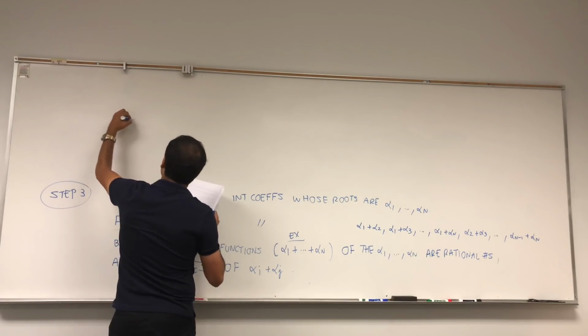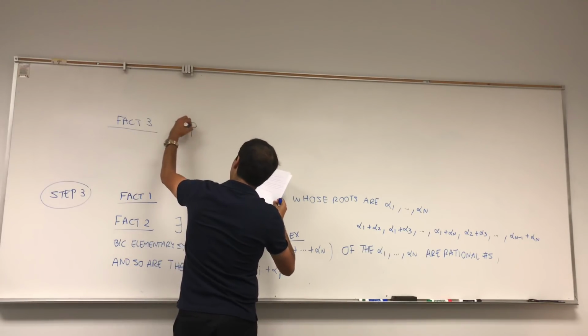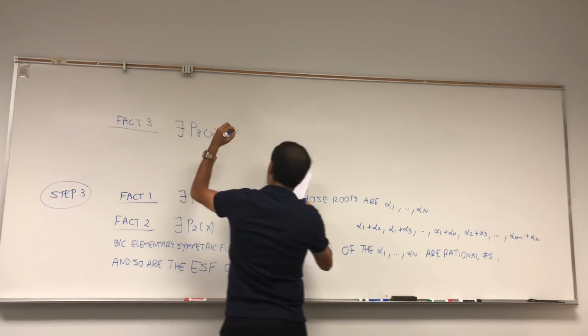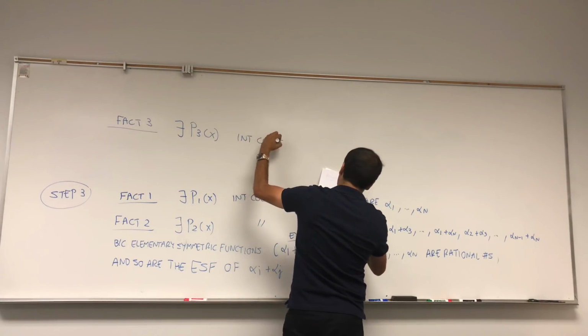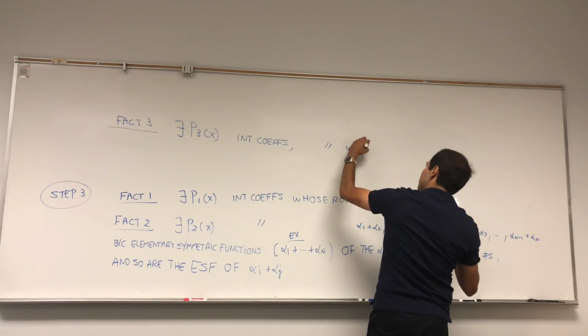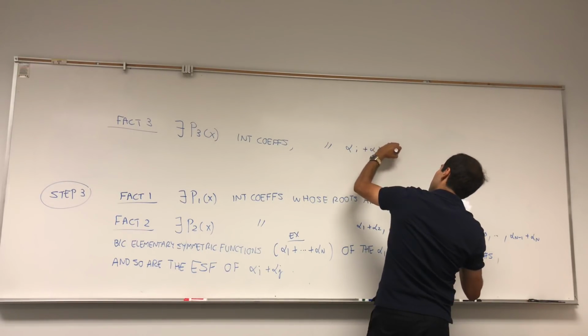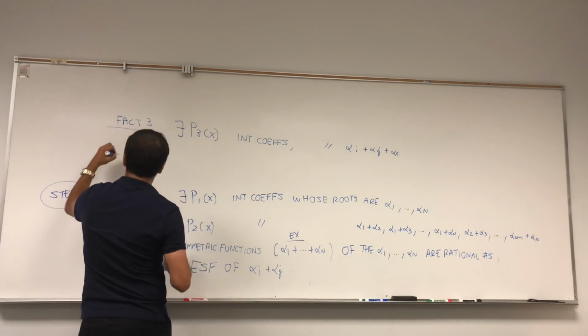But okay, so fact 3, there is a polynomial P3 with integer coefficients whose roots are the sums of three terms in increasing order, and in fact, we can do this up to n.